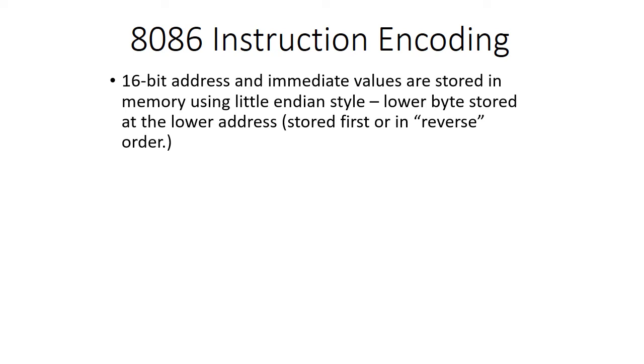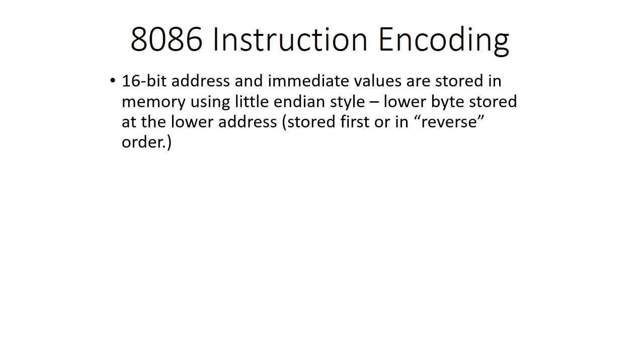In the Intel 8086, 16-bit address values, displacement values, and immediate data values are stored in memory using what is known as the little endian style. In this style, the lower byte is stored at the lower address and the higher byte is stored at the higher address.